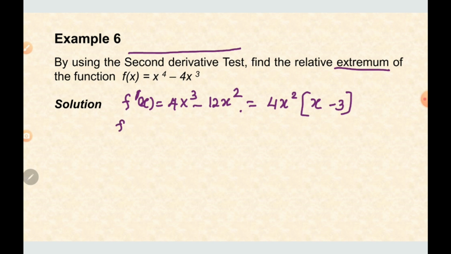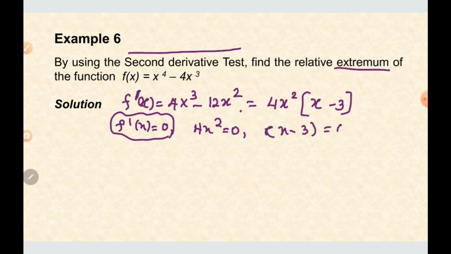Therefore, if f prime x equals 0, you will get 4x squared equals 0, or x minus 3 equals 0. Therefore, we have x equals 0 and x equals 3.